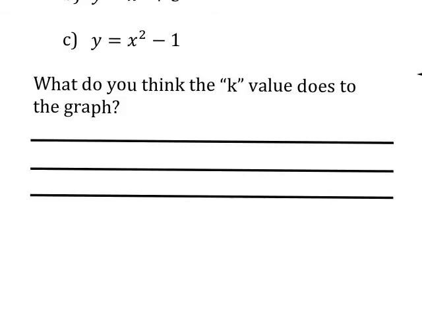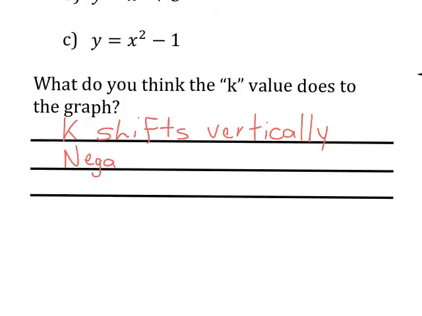So K shifts vertically, and it's going to be the way that you think. So negative moves down, positive moves up.